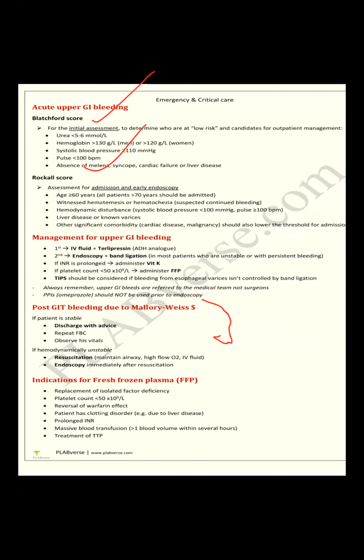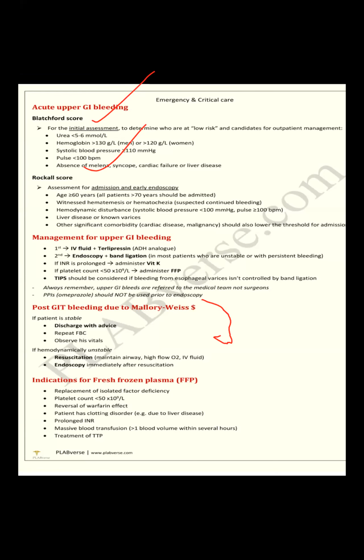Initially, to determine low risk or high risk, you are an OPD doctor sitting in a clinic. A patient complains, sir, I have bleeding per rectum every day. You have to assess whether it is major or minor, and you have to take the blood pressure and pulse.